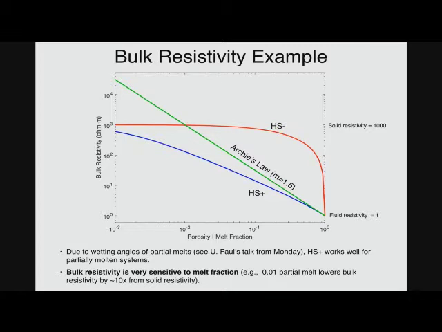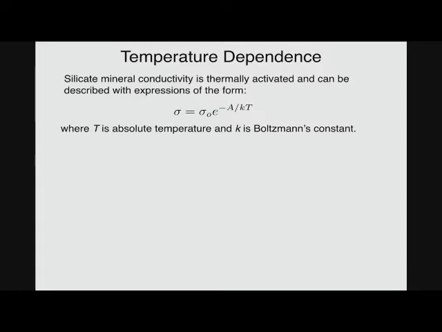Even low degree melts tend to be fairly well connected, so the Hashin-Shtrikman upper bound is a good approximation to their bulk conductivity. I'm also showing Archie's law here, which would be applicable for sediments, not for this system, but you can see a nice decrease in resistivity as the porosity increases.